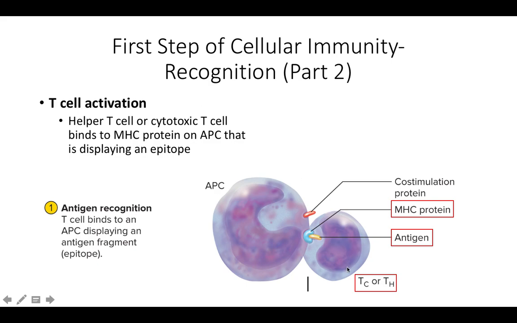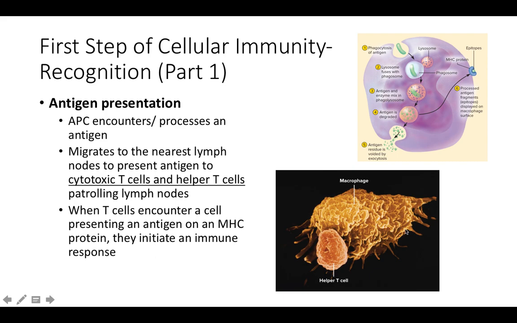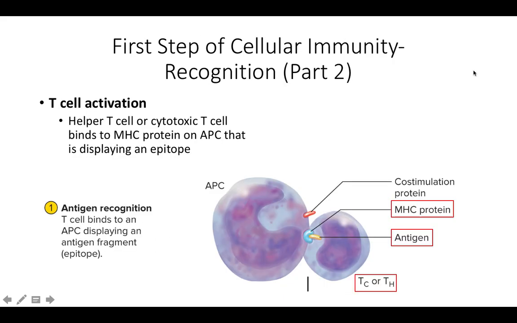So a helper T cell or a cytotoxic T cell, which remember is the type of T cell that directly attacks an antigen, will bind to this MHC protein here on the antigen-presenting cell that's displaying the epitope. Okay, so the first step is the antigen is presented here. The second step is that the T cell binds and is activated or starts some sort of immune response.